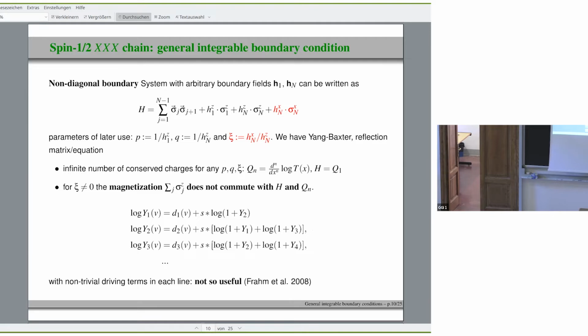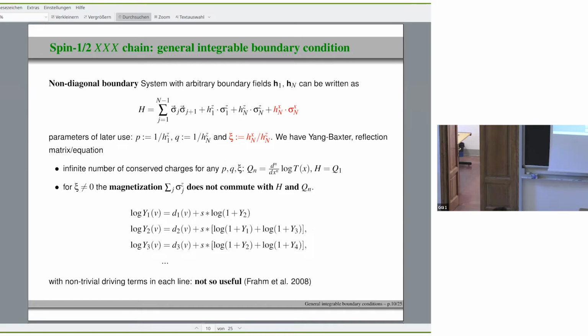Here is the beast. The bulk interactions are the same, spin-spin. And then we have boundary fields. This is the most general case, in case of isotropic bulk interactions. Due to SU(2) invariance on the first site, we can force the field to point into that direction without loss of generality. At the right end, there's no periodic boundary condition.